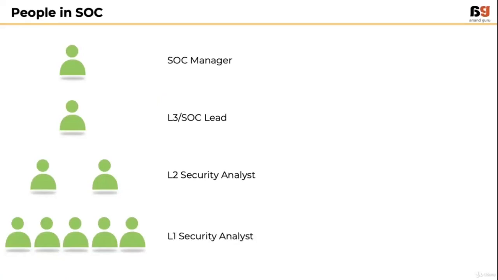If you decide to pursue your career as a SOC analyst, you join or get trained as a level 1 security analyst. From level 1, you move over to level 2. From level 2, you move over to level 3, become a SOC lead. Then from SOC lead, you can advance into a SOC manager.